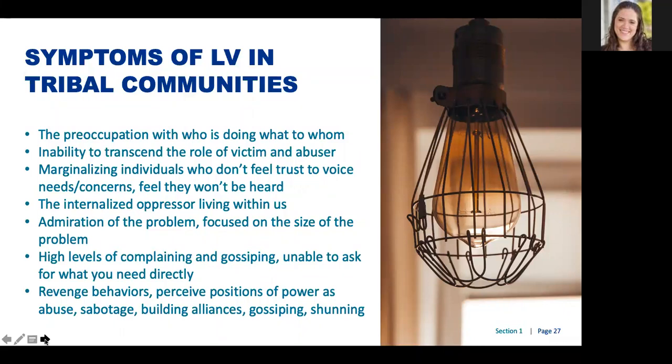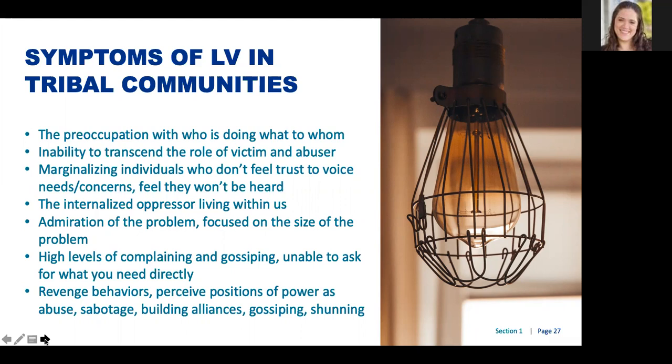They're very informative. So she lists these symptoms as the preoccupation with who is doing what to whom, right? It's that sort of gossiping that we experience in our communities. She talks about it as an inability to transcend the role of a victim or abuser, and we don't stay in those roles.